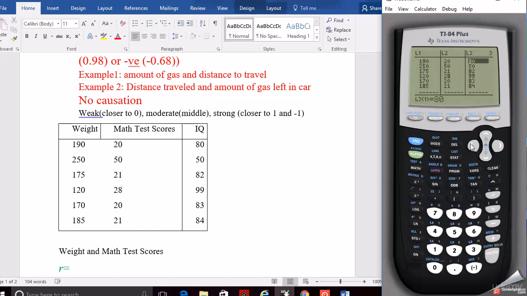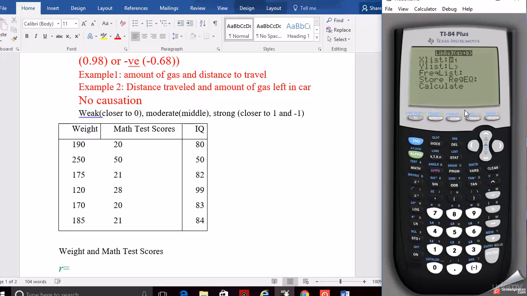You can see that the numbers are already entered. To save time, L1 has values for weight, L2 math test scores, and L3 IQ. So we are going to quit, second mode, and to compute the correlation coefficient, we'll go to stat again and now go to calc and select number 4.